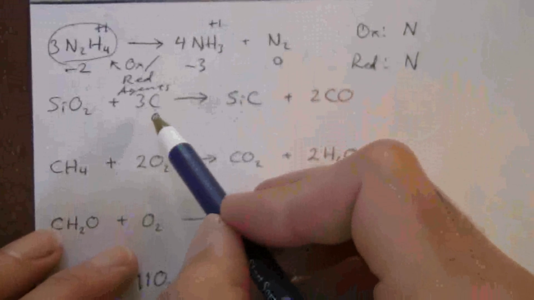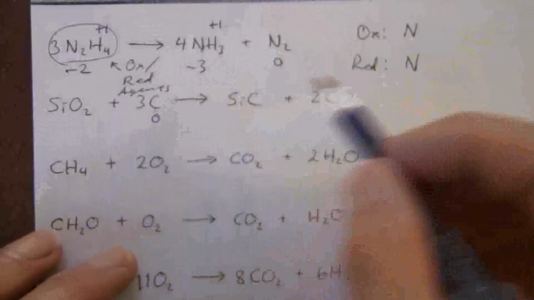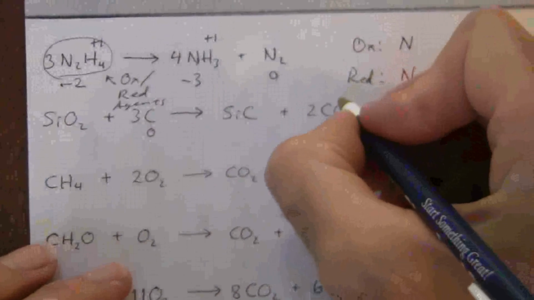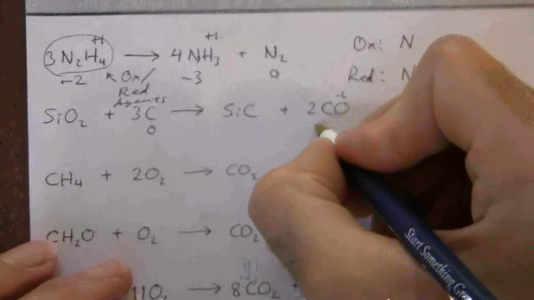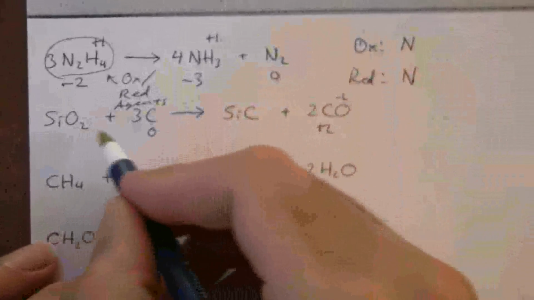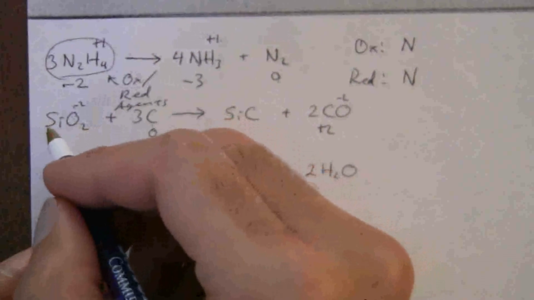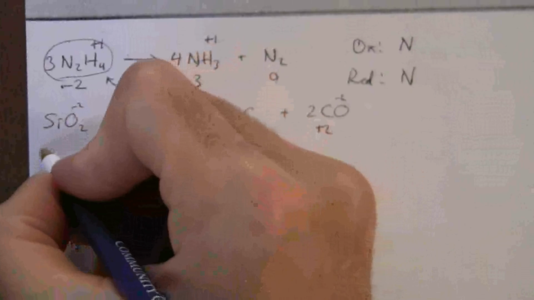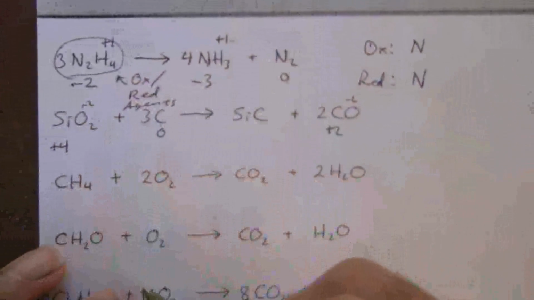Okay, so carbon goes from 0 to, well, let's see, I'm not sure about this one yet, but I know my oxygen is a -2, so my carbon must be +2, right? Oxygen over here is a -2, so my silicon must be +4, right, to balance the two -2s.